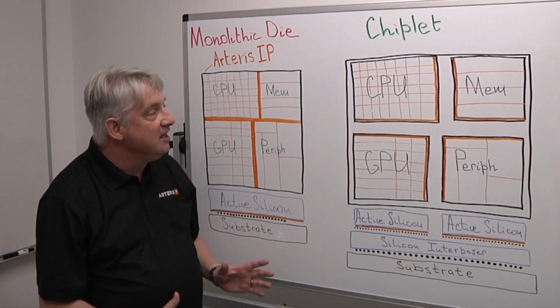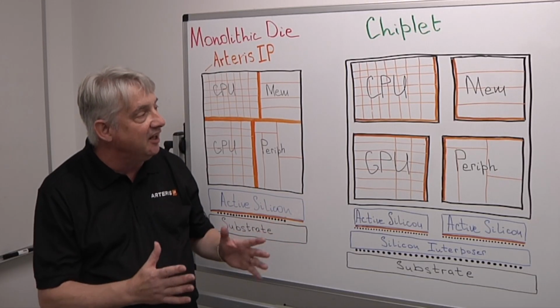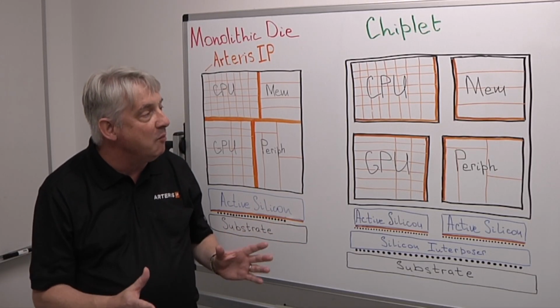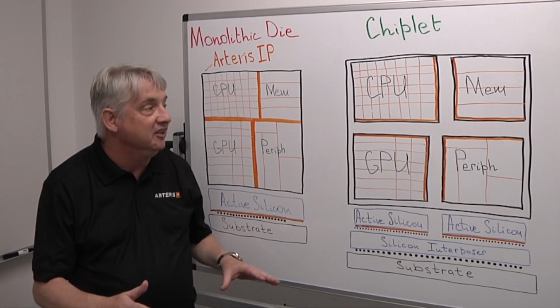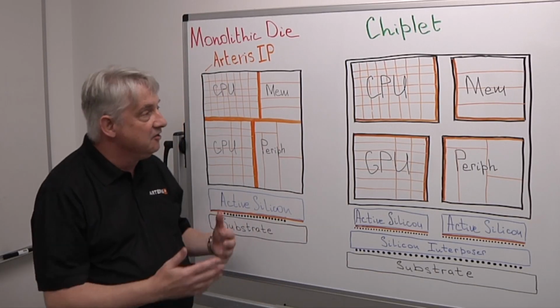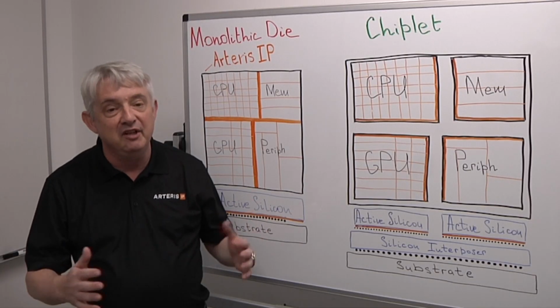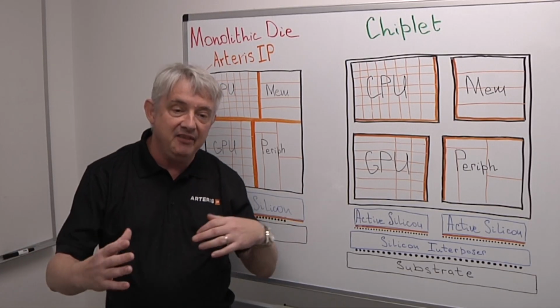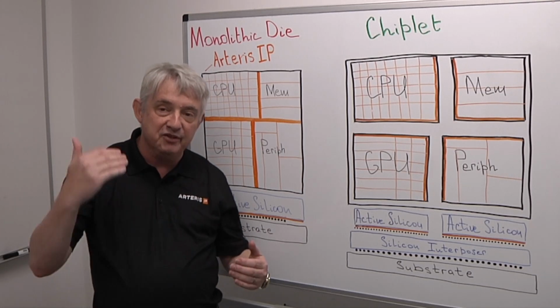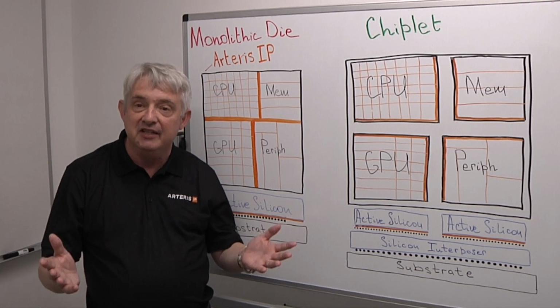Well, today, I think that architects will specify their design according to what they think is a good partitioning. That's actually quite difficult, and it's certainly hard to optimize. So in the future, I see that people will move to a methodology where they design the whole thing, and then they can look at how they cut it up, what's the optimal partitioning for that design, and it might not be what you first think of.